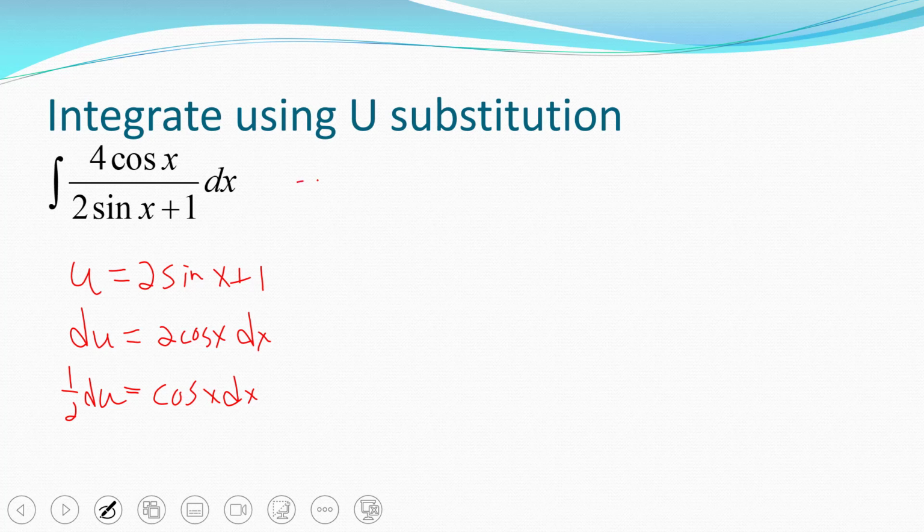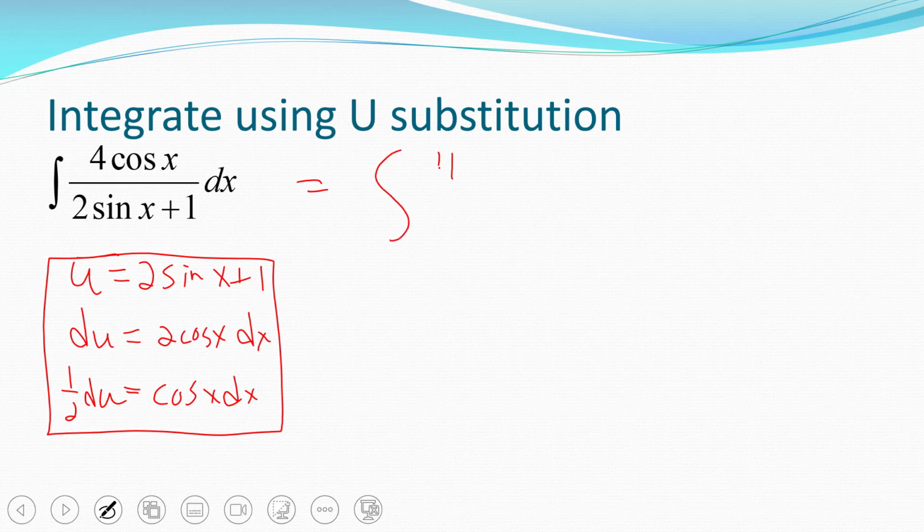That then allows me to say, after these substitutions, that the integral becomes the integral of a 4 times the cosine of x dx, which becomes 1/2 a du, and the 2 sine of x plus 1 is a u.